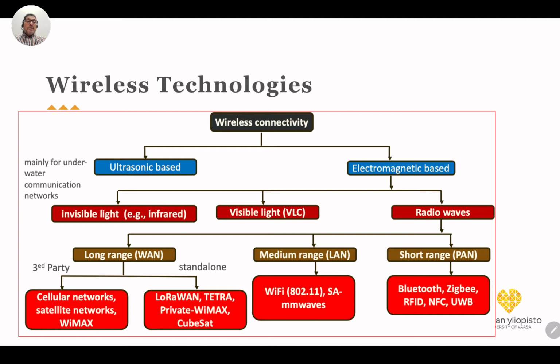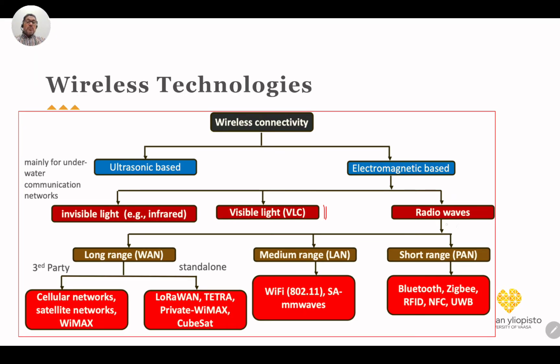And the electromagnetic based can be divided into maybe at least those three categories: radio waves, visible light, and invisible light. Nowadays, we have even some products working in visible light communication.